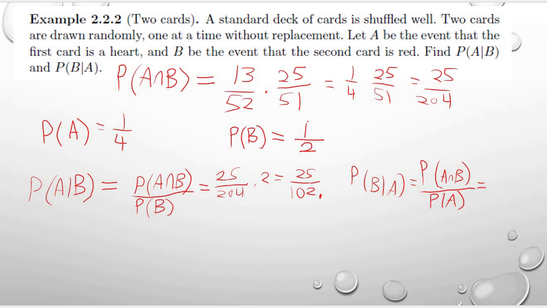So we will get 25 over 204 divided by 1/4, which means times 4, doesn't it? So that's 25 over 51.